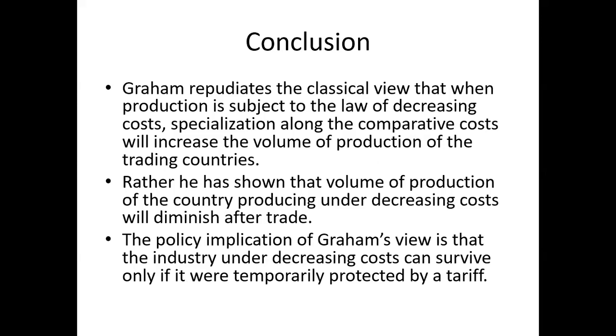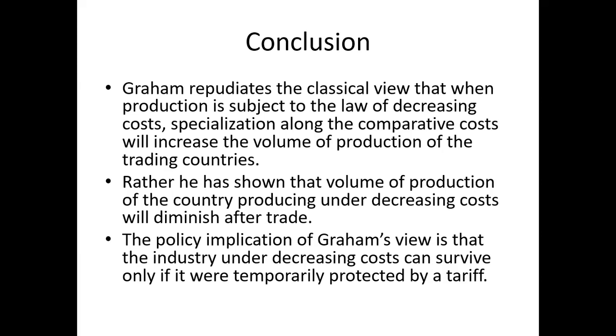So what will be concluded is, Graham repudiates the classical view that when the production is subject to the law of decreasing cost, specialization will increase the volume of production of the trading countries. Rather, his example has shown that the volume of production of the country producing under decreasing cost will diminish rather than increasing after trade.